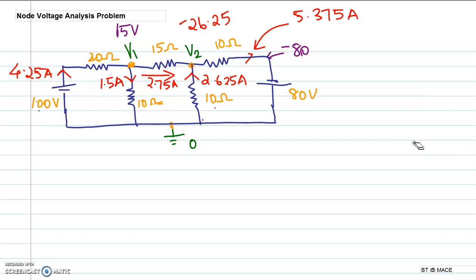This is how you can analyze a circuit using node voltage analysis. If the question is node voltage, you have to identify the nodes. One of the nodes has to be taken as the reference node, write the KCL equation, solve for the voltages, and then depending upon the question, you can find the currents through each of the branches and also mark the directions.